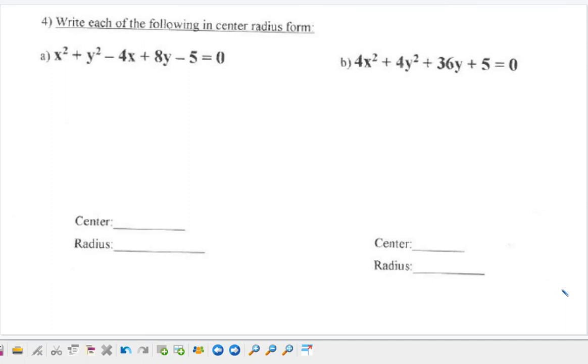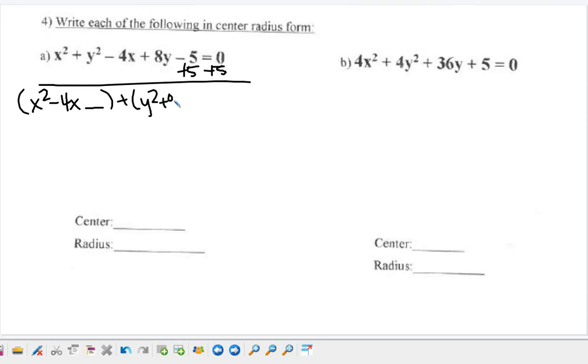Okay, so to write it in center radius form means that we have to complete the square. So I'm going to add 5, and I'm going to move my stuff together. So -4x with a blank, y squared plus 8y with a blank, and 5 and a blank to keep myself balanced. So half of -4 is -2, squared is 4.